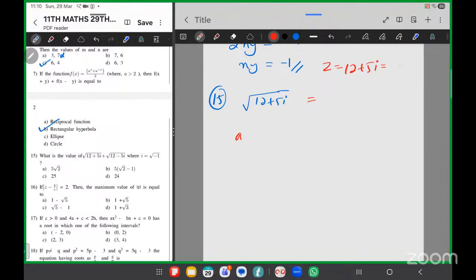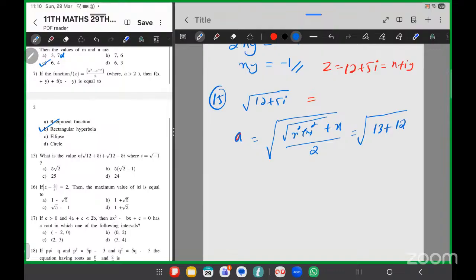Z is equal to 12 plus 5 iota equal to x plus iota y. इसको a equal to under root of x square plus y square plus x by 2. So क्या आएगा? 12 का स्क्वायर 144 प्लस 25, 5 का स्क्वायर 25, 169, उसका रूट 13 आएगा, 13 प्लस 12 divided by 2.